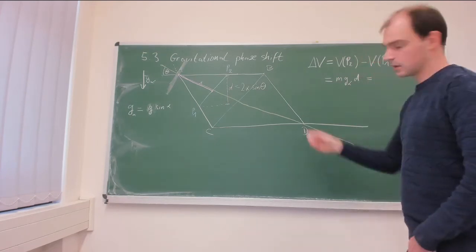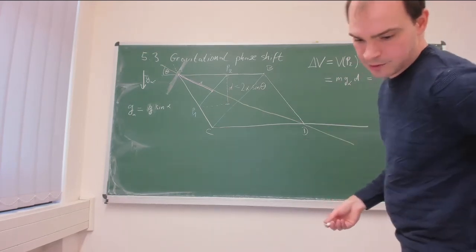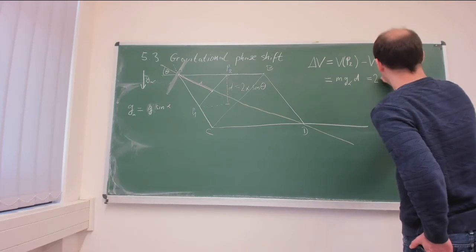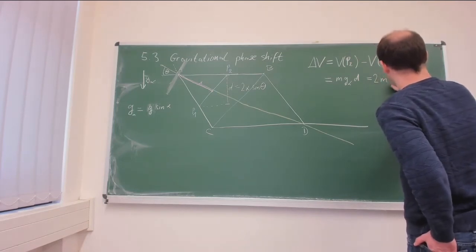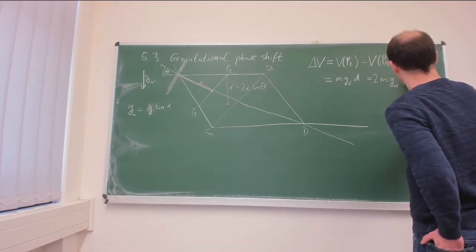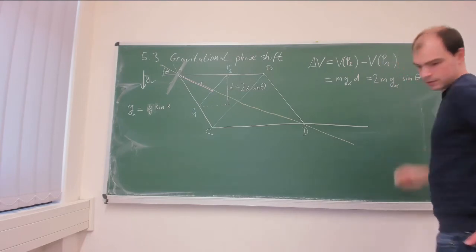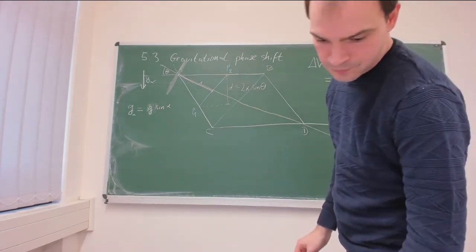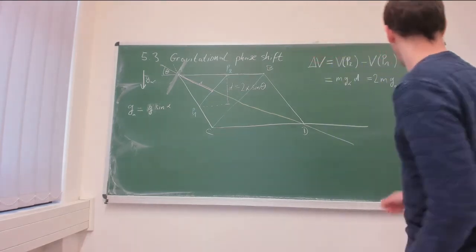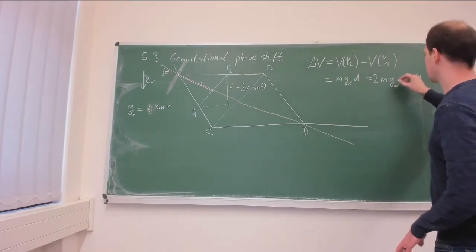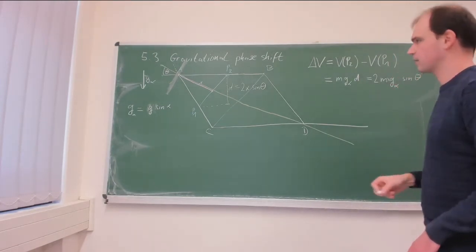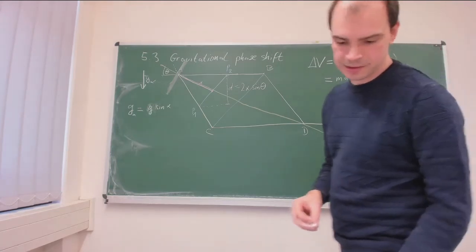Or if we use what we know here, then this would be 2m times g alpha times sine theta.